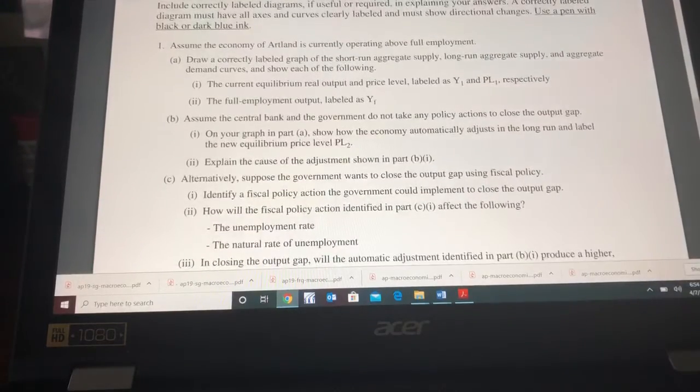And then the next thing it says, explain the cause of the adjustment shown in Part B. Well, we're seeing that the short-run aggregate supply curve will shift to the left due to the increase in input prices, right? Because as inflation occurs, we know this is called the wage price spiral. Wages go up, prices go up, wages go up, prices go up.